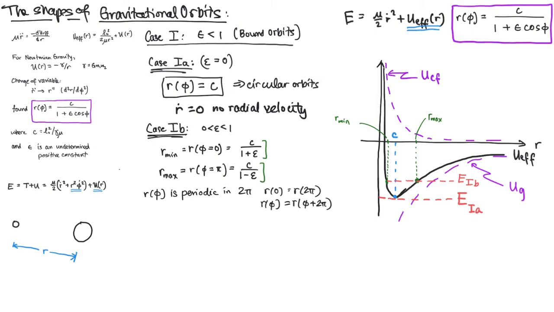Okay, so what we're going to find is that we have a minimum radius, we have a maximum radius, and this is going to correspond to an elliptical orbit. And you'll be able to rewrite the equation of the orbit in Cartesian coordinates in the following way.